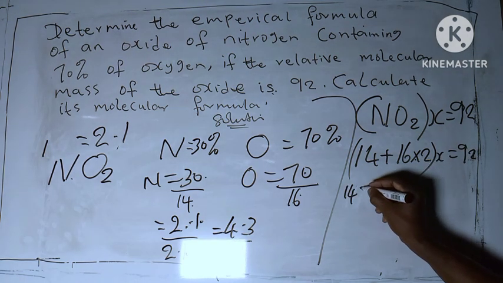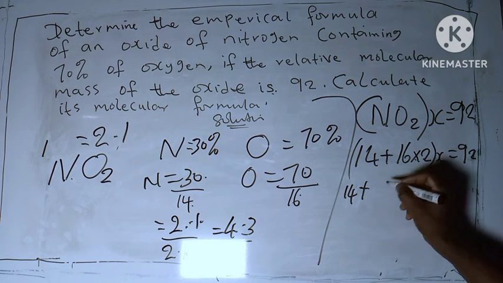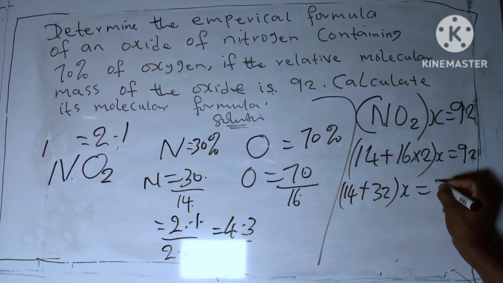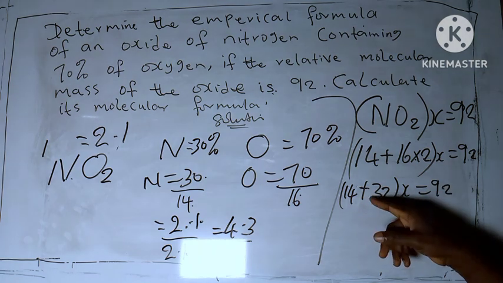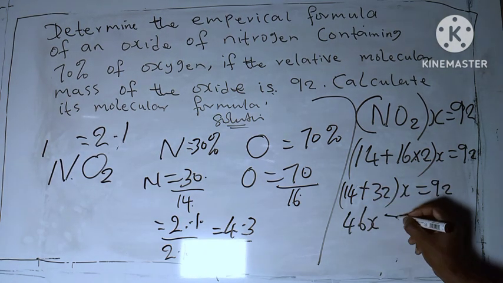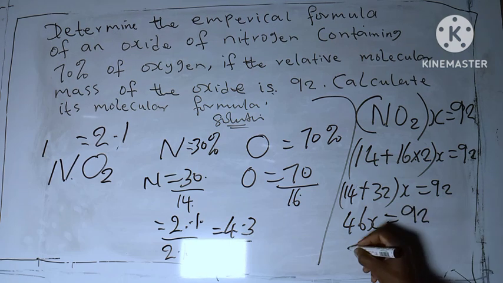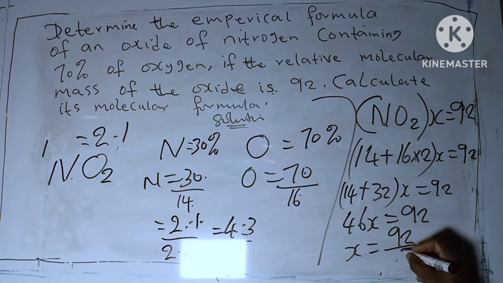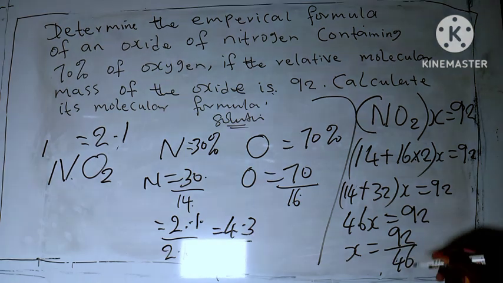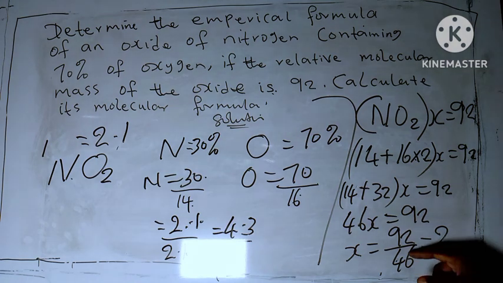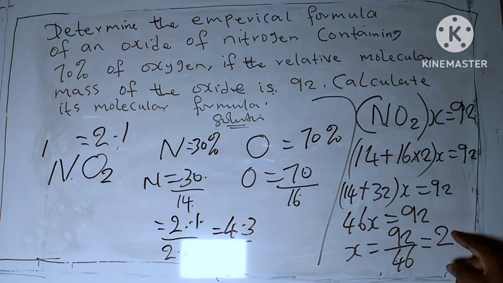So we have 14 plus 16 times 2, which gives us 32, x equal to 92. So 14 plus 32 gives us 46, x equal to 92. So make x the subject of the formula. So x equal to 92 divided by 46 equal to 2. So 92 divided by 46 is 2.